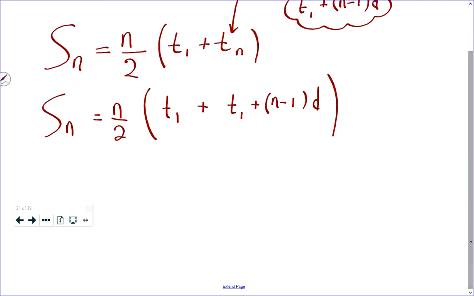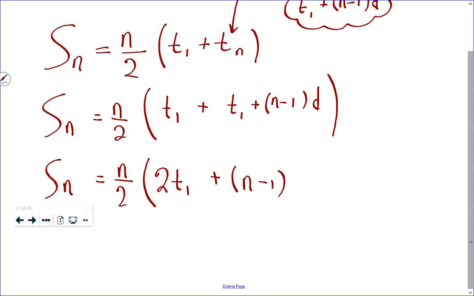And I have in brackets here T1 plus T1, so we can certainly add them together to get Sn equals n over 2, and then in brackets 2T1 plus n minus 1 times d. So we have two formulas for Sn.